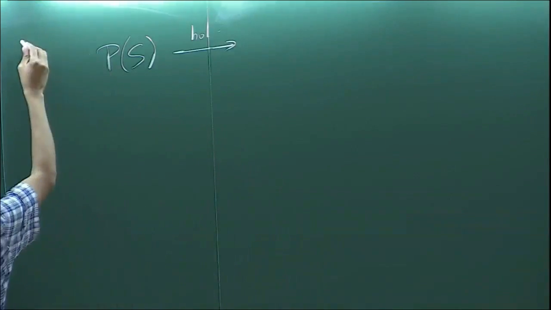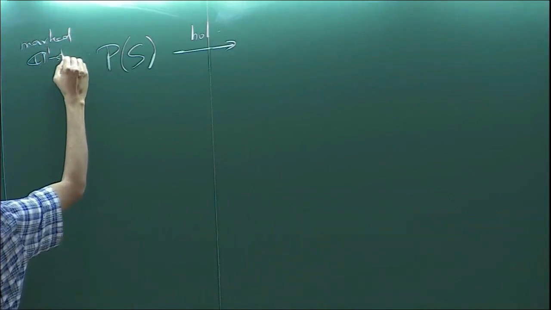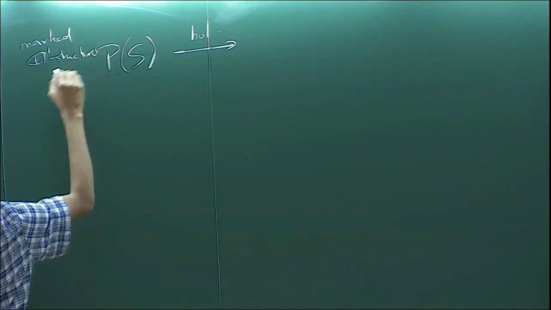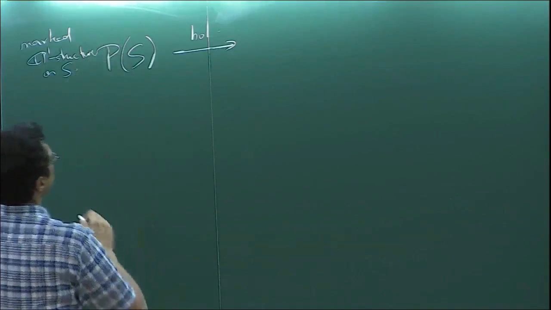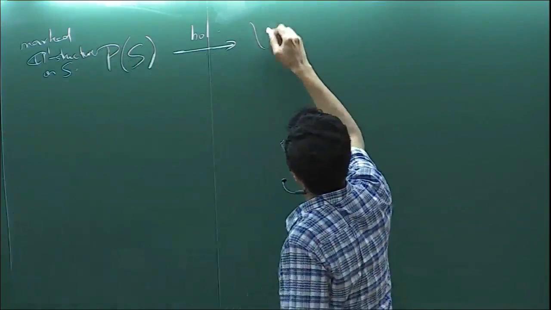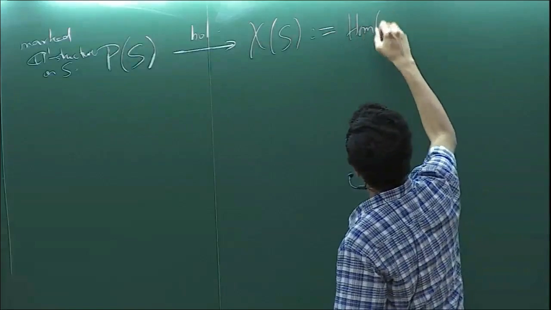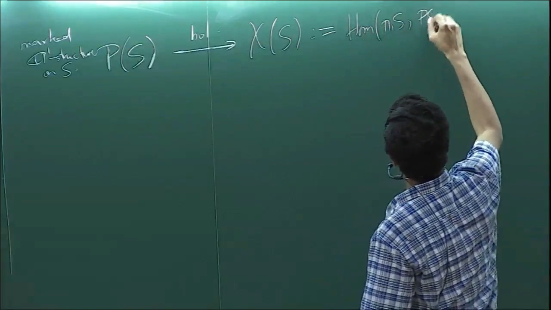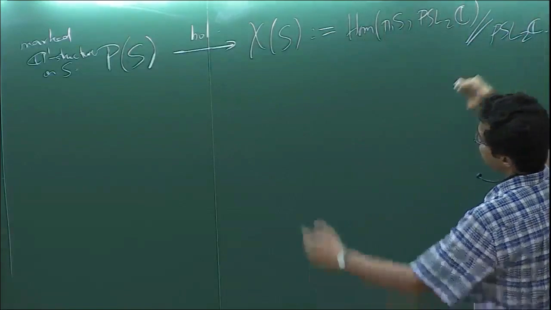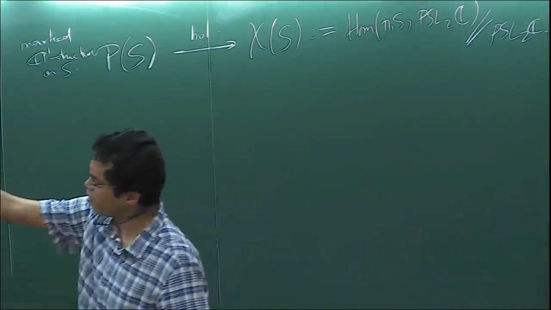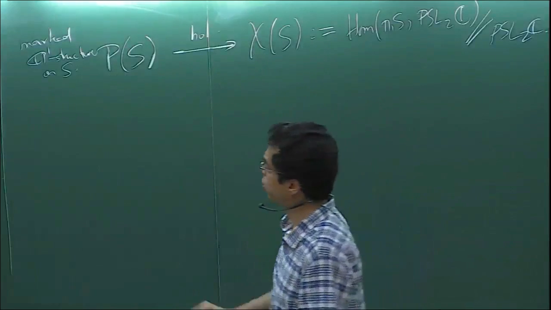So P of S would be the space of marked CP1 structures on S. And so we can define the holonomy map to the PSL2C character variety. So these are homomorphisms from pi1 of S to PSL2C after conjugation. This is just by forgetting about the developing map and recording the holonomy, the monodromy of the geometric structure.